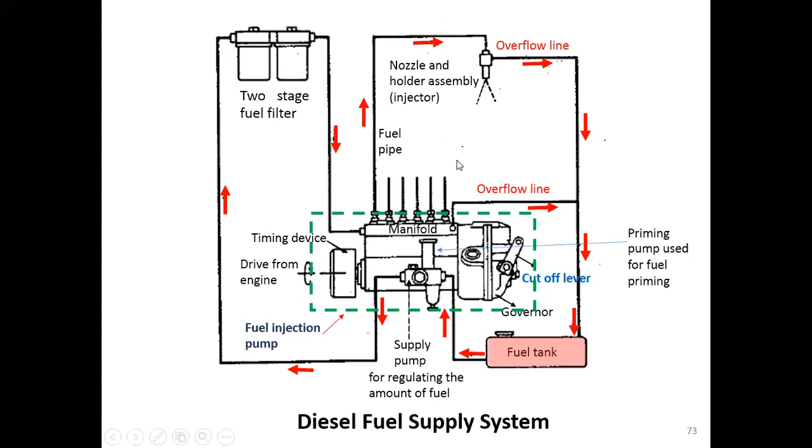So this is the good part. We do not try to directly control the amount of fuel to the injector. What we do is indirectly control the amount of fuel that flows into the injector by using this overflow line here to help us control the amount of fuel.